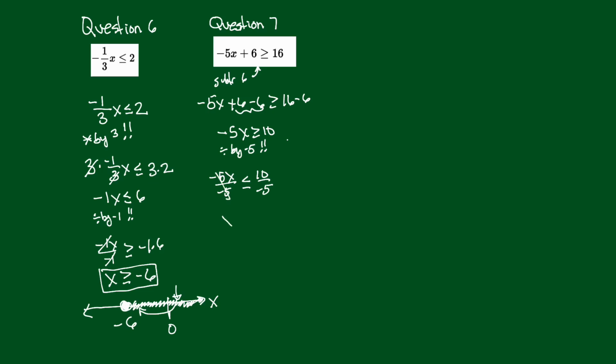That's a 1, so I'll get x is less than or equal to, now, positive 10 divided by negative 5 is negative 2. That's what we're looking for. So if I choose any x, negative 2 or less, and put it back into the original statement, we'll get a true statement there.